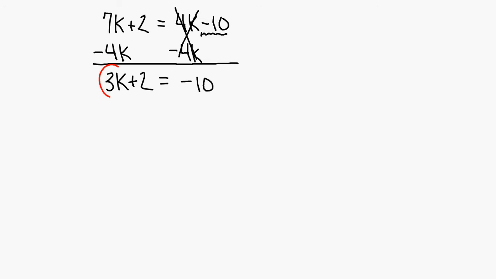You're trying to get the 3k by itself. So you would do that by subtracting 2 from each side. The 3k falls down. The 2's cancel out. And 3k is now equal to negative 12.